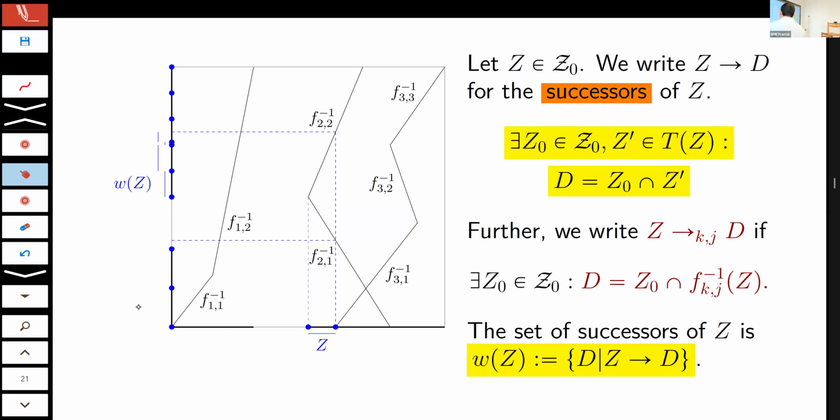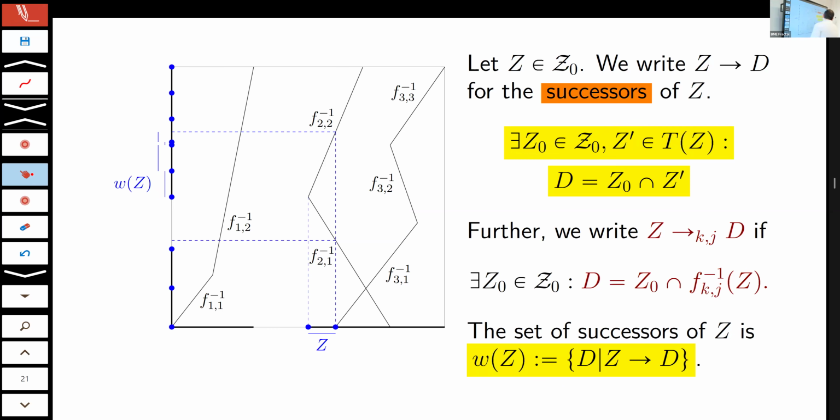So that's the idea. The image of Z was again the set containing these two intervals. I take an element from this image, one of them, and intersect it with the monotonicity intervals, and that's how I define a successor.